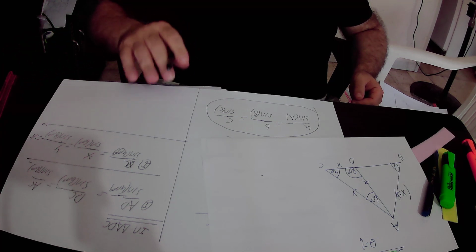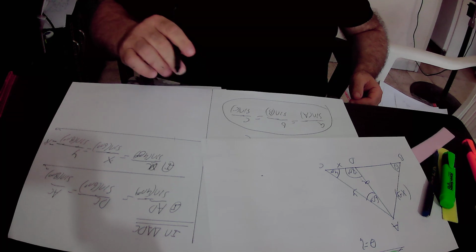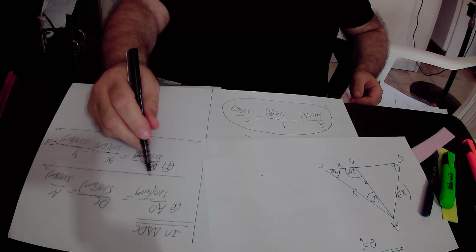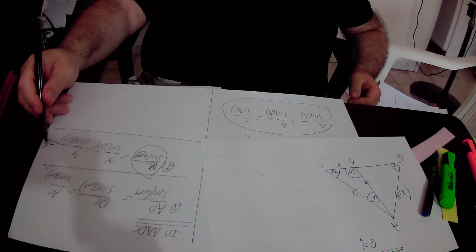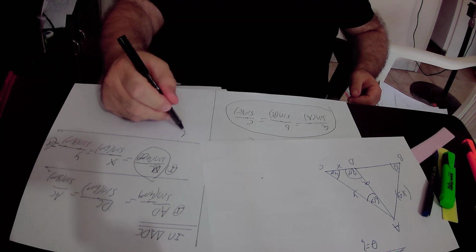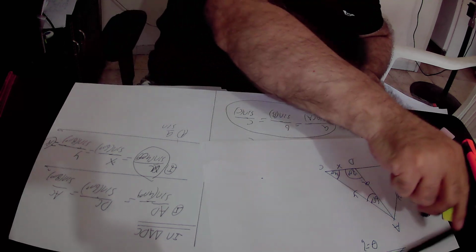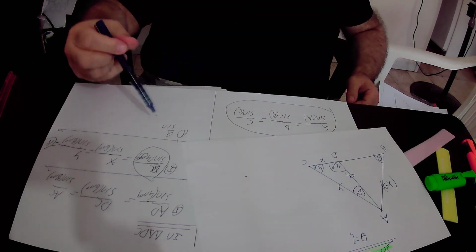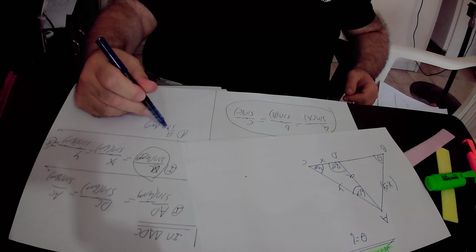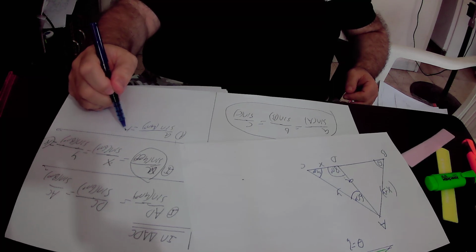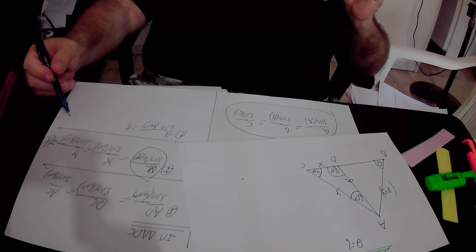So here from equation number 1, we can derive that a over sine 40 degrees equals k. This expression equals k according to our definition.